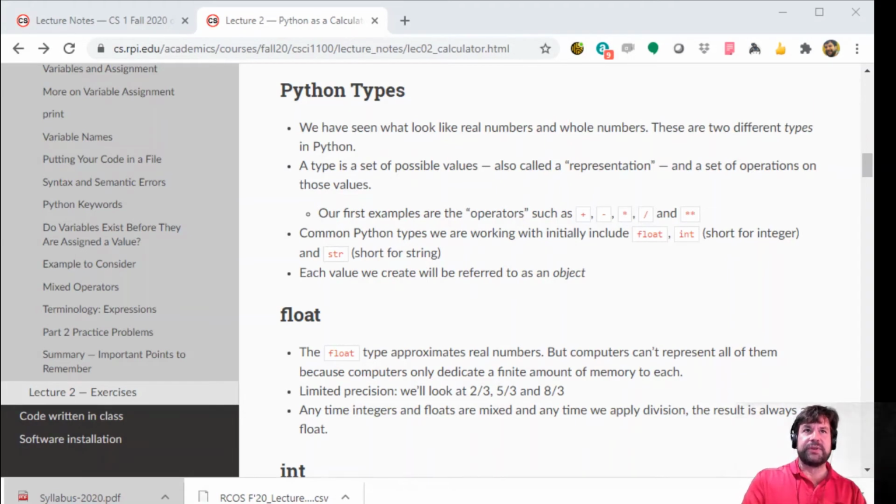So, the important thing to note is that integers don't have decimal points. They're whole numbers. Anytime you do a divide, you end up with a float. If you do an operation between a float and an integer, you end up with a float, right? If we go 1 plus 1 point, that is a float.